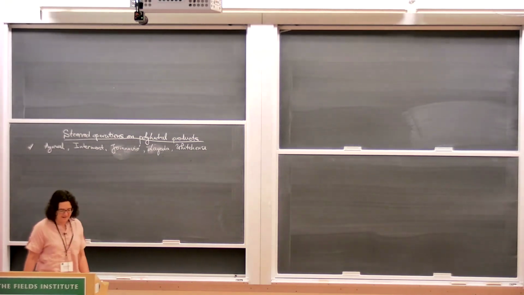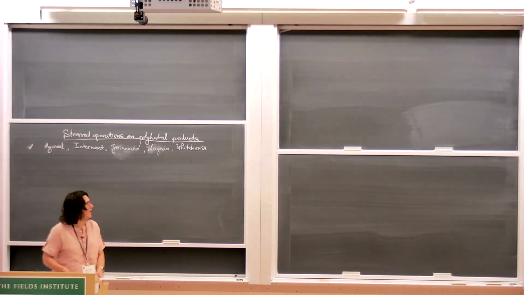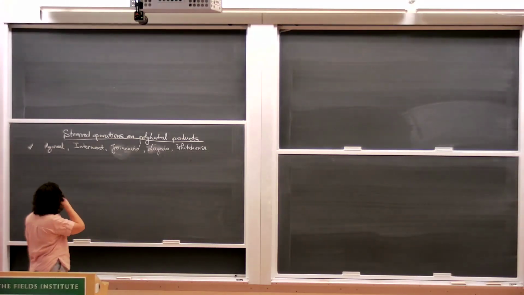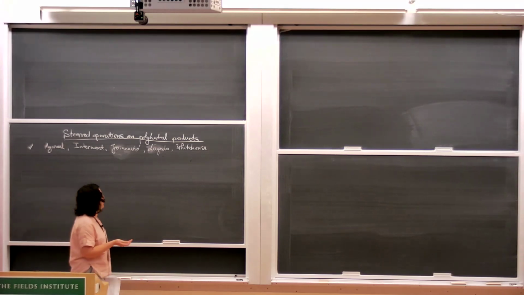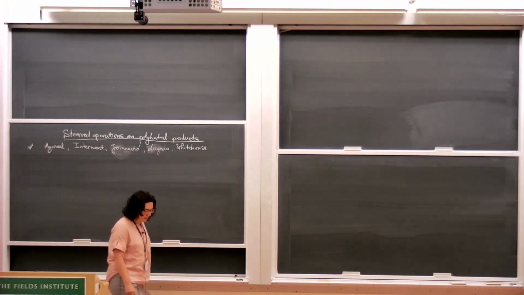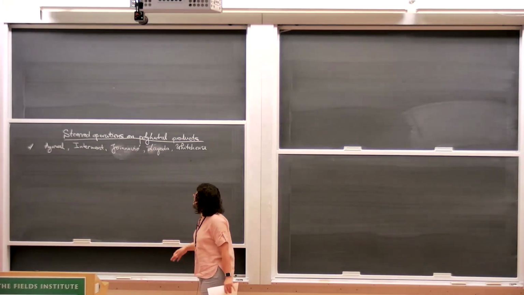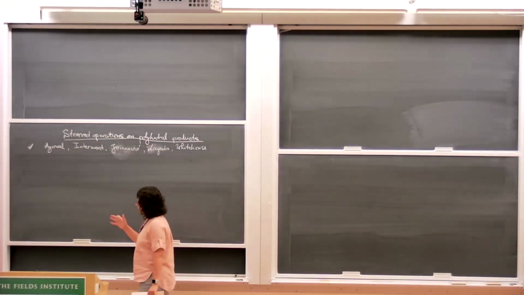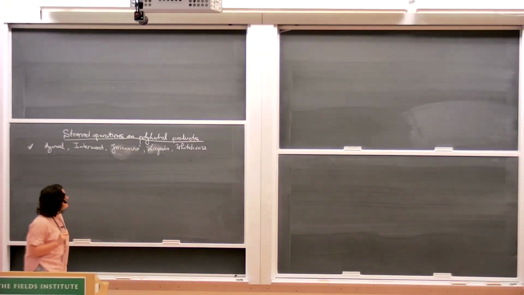Okay, so as I said, I'll keep it easy today. And so the idea is, what can we say about any cohomological operations on polyhedral products or their similar or related spaces?